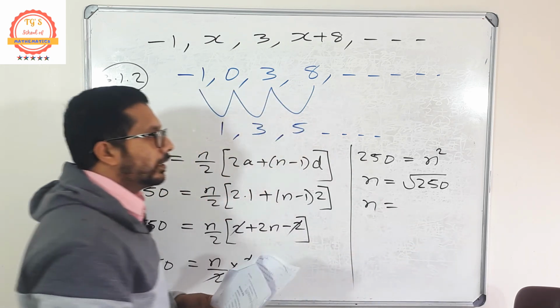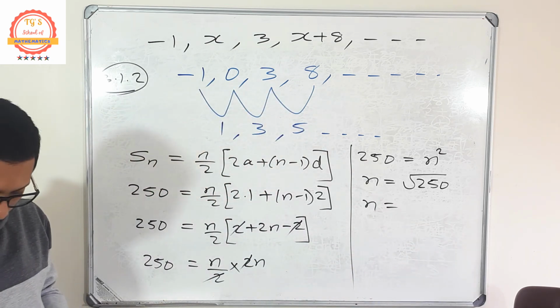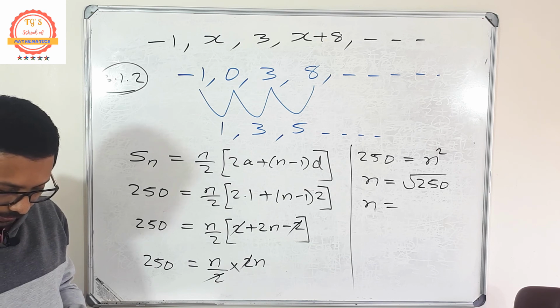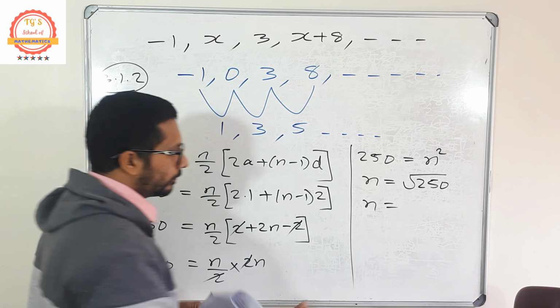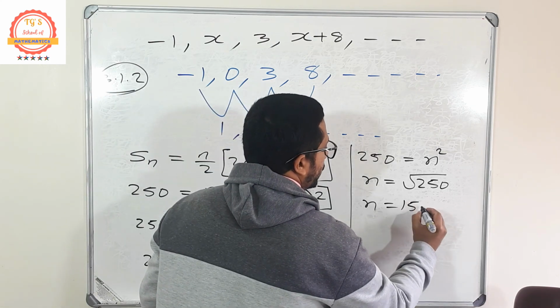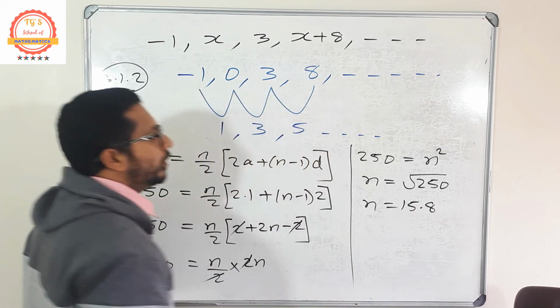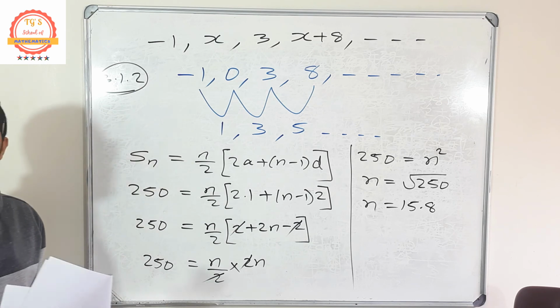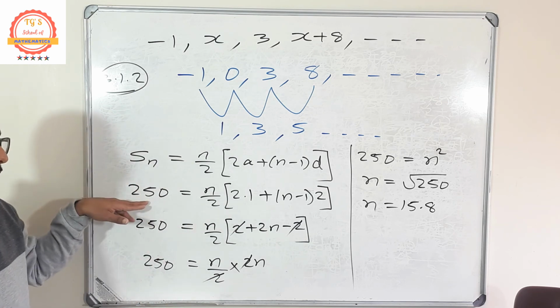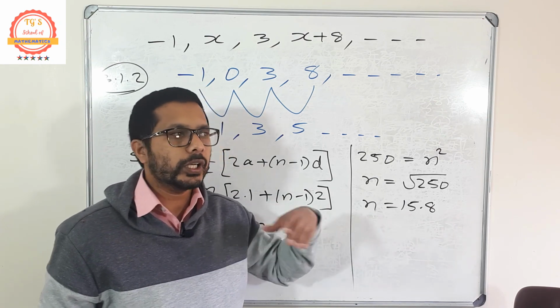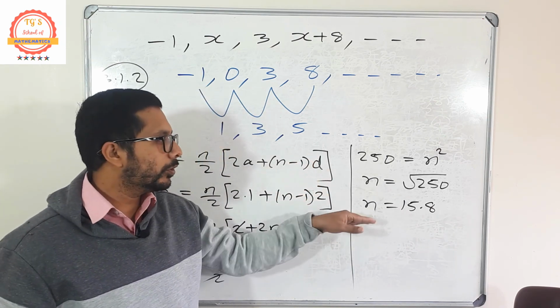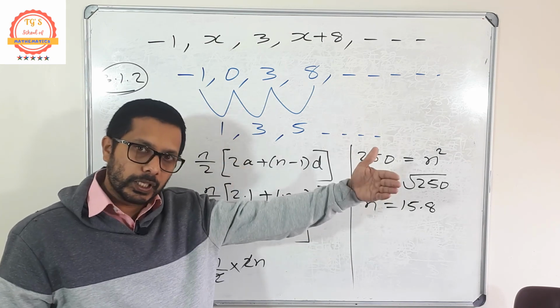Check in your calculator. Root of 250 is 15.8. So it means that when is the sum 250? When n is equal to 15.8. 15.8 means we can't say the 15.8th term, we take the next term, that means 16.